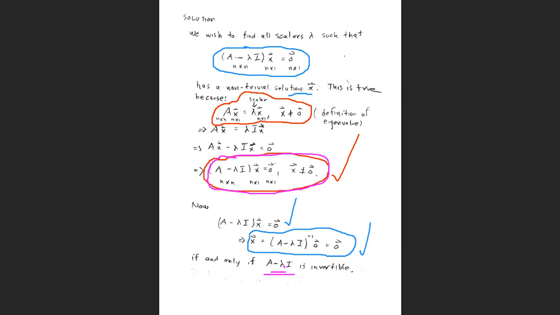So if the matrix A minus lambda times the identity is invertible, that means then that the vector X is going to equal the zero vector. Okay. Are there any questions before we go to the next page?